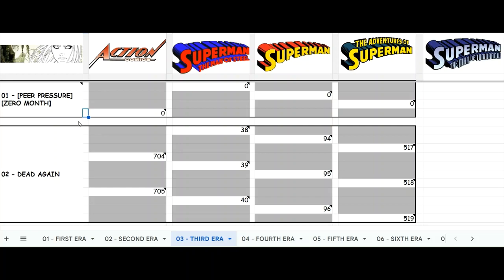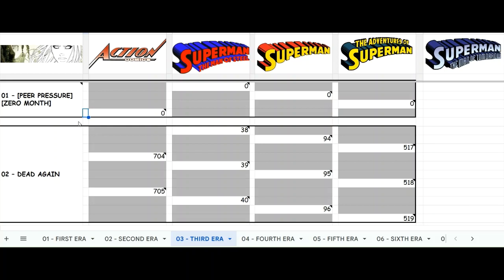What's worth noting here is that all 4 issues are one explicit story arc. Annoyingly, it's not actually marked as such on the cover, but it is an explicit story arc. And the minute you open the front page of it, the first one says Peer Pressure Part 1, the second one says Peer Pressure Part 2, and so on. That's why I've gone for the title Peer Pressure. And it introduces a villain called Conduit.